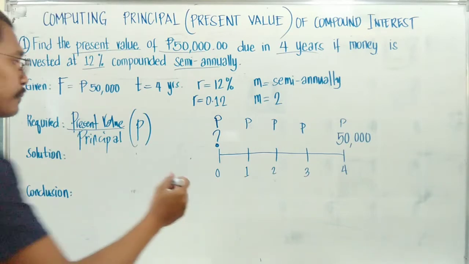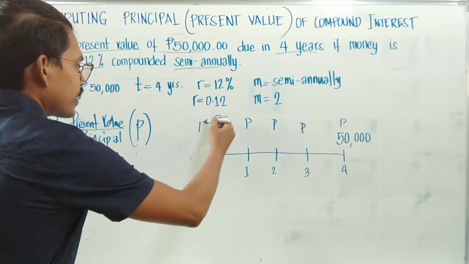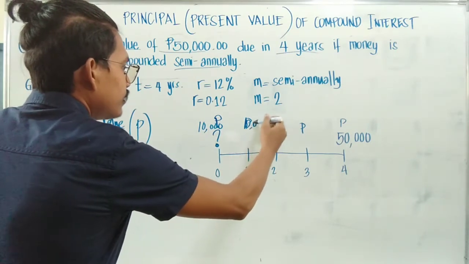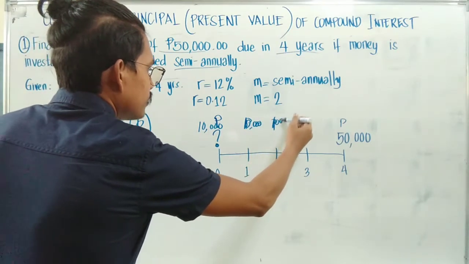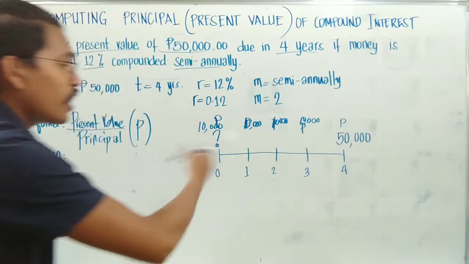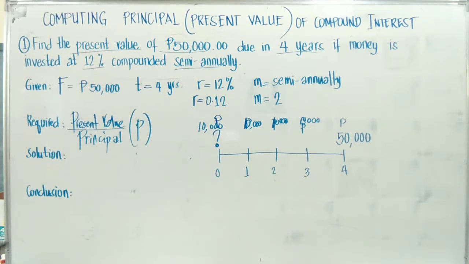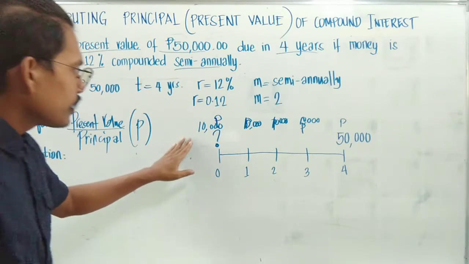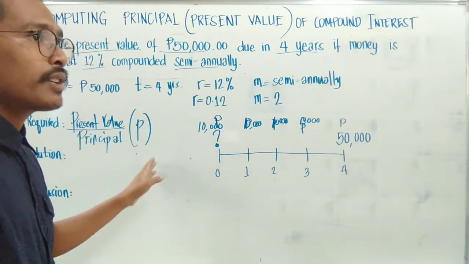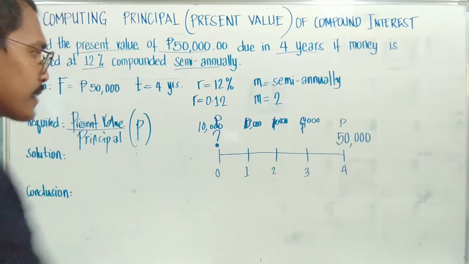Okay? Example, you have 10,000. So it will remain as 10,000, 10,000, 10,000. And that is in the case of simple interest. Again, the principal will remain as it is in the case of your simple interest.